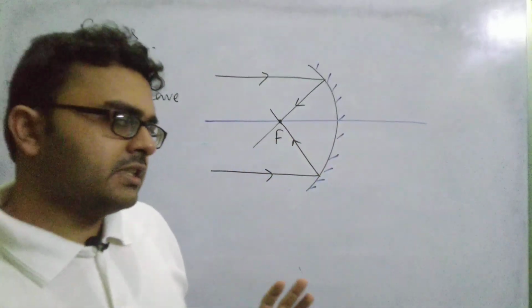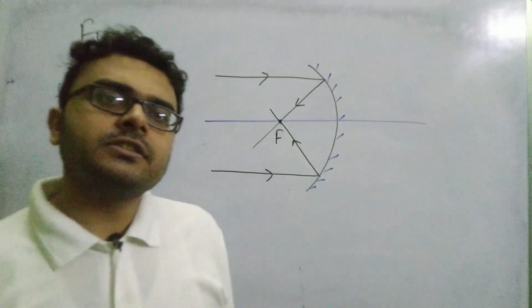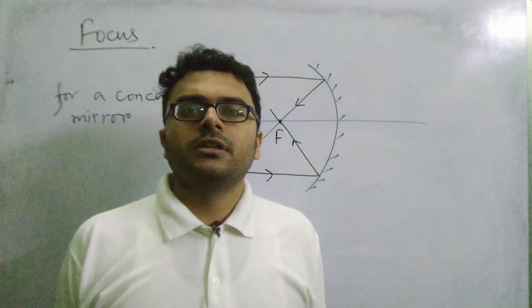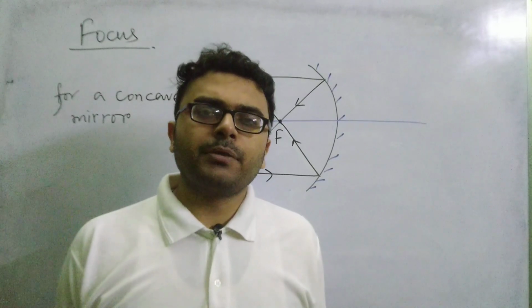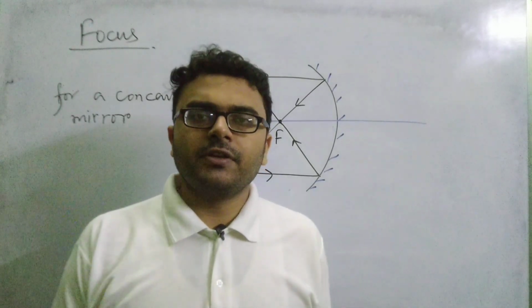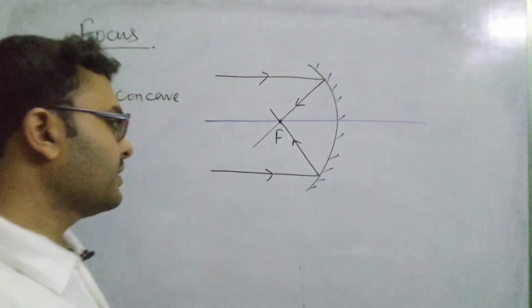Isn't it? Yes, definitely. So, focus for a concave mirror can be defined as the point through which the incident light rays coming parallel to the principal axis pass after reflection. So this is the definition for focus of a concave mirror.